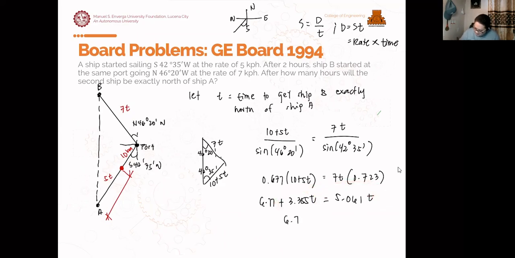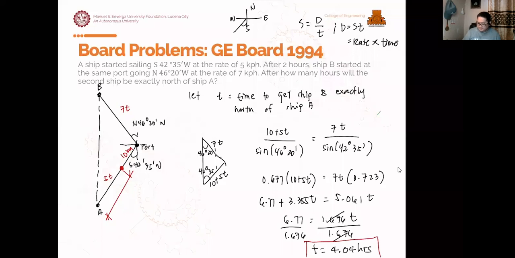So 6.77 is equal to 5.061 minus 3.385, that will be 1.676t. Divide both sides by 1.676. So t will be equal to 6.77 over that value, 4.04 hours. Okay? So this is our answer for this problem.